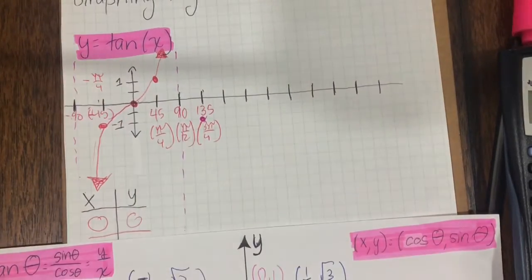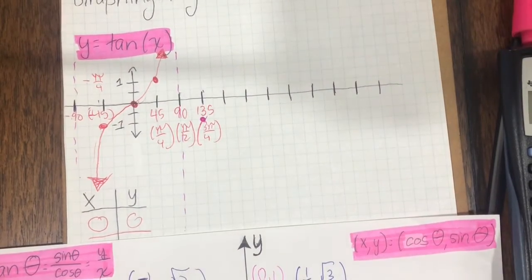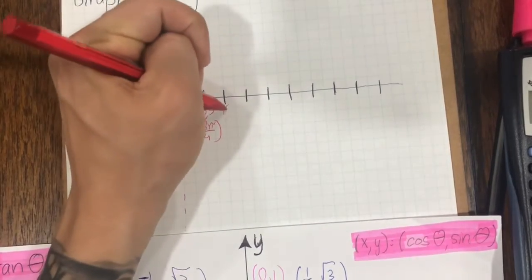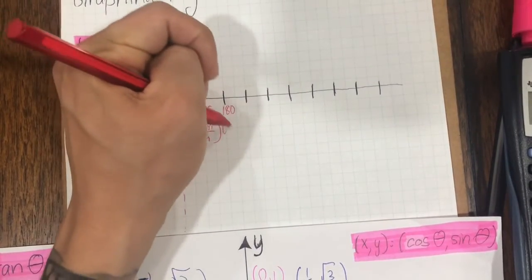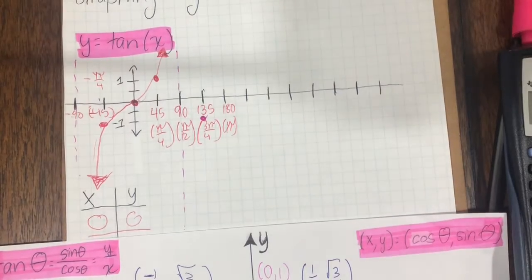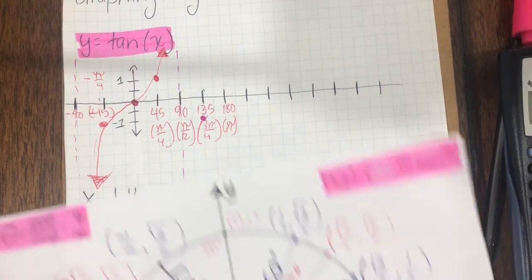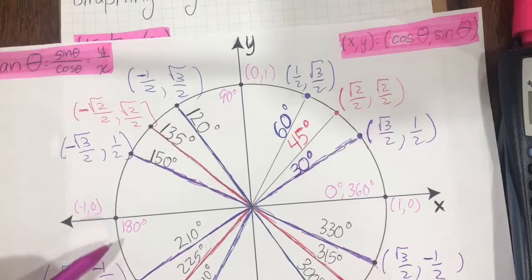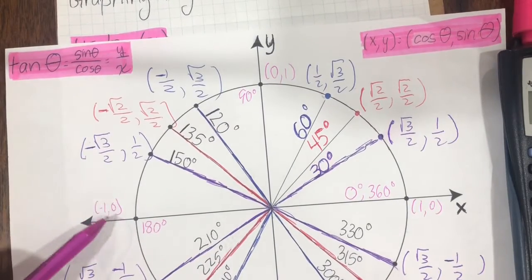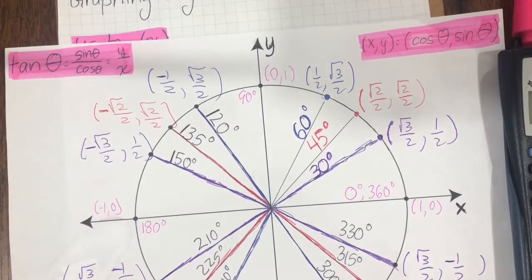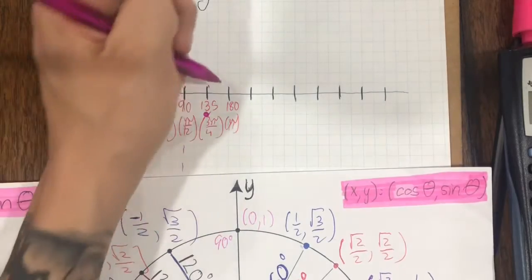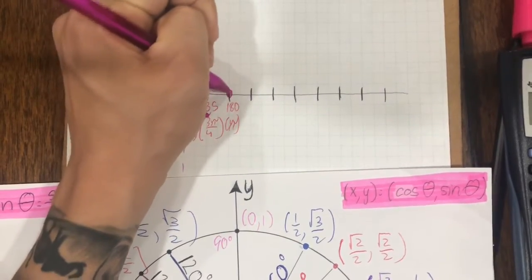All right, then we'll go from 135 to 180 degrees, or in this case, pi. If I evaluate tan of 180 degrees, I have 0 divided by 1. Luckily, that gives me 0. So at 180 degrees, 0.